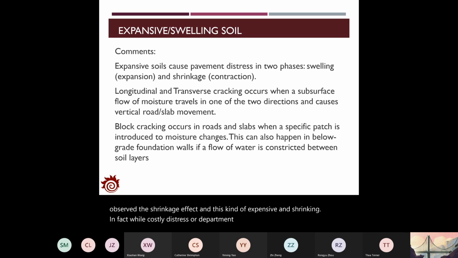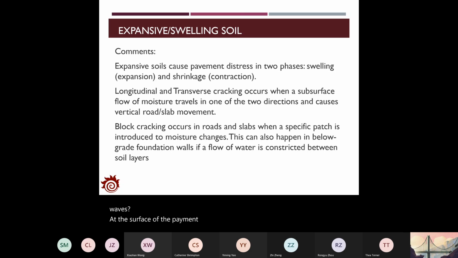And you will usually observe the longitudinal and transverse cracking when the subsurface flow of the moisture travels in one of the two directions and causes the vertical road movement. So we will observe the waves at the surface of the pavement.